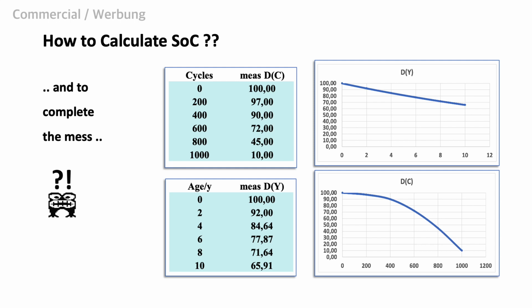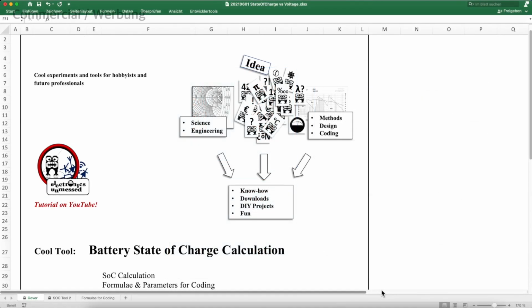How can we tackle this to calculate? Another cool tool is helping us here, first to do the state of charge calculation and then to understand the rationale behind and the coding.